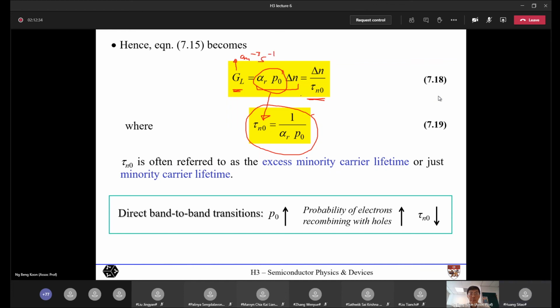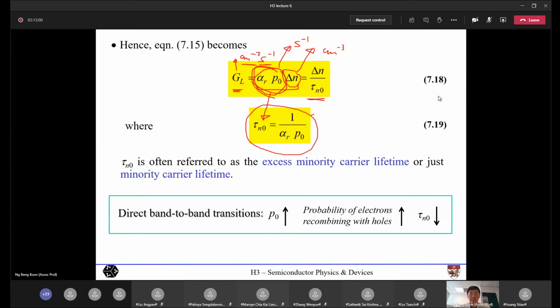And what is the unit of delta n? It is essentially excess carrier concentration, so it's number per unit volume, correct? Which means the product of these two terms must be per unit time, to be compatible with the quantity on the right.